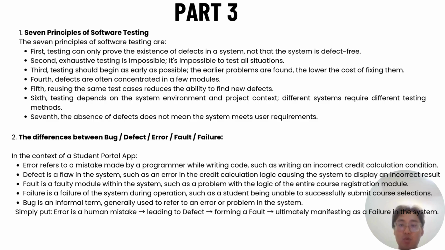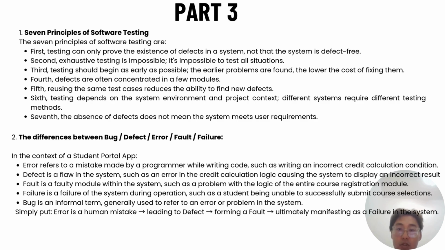Part 3, the 7 principles of software testing. The 7 principles are: first, testing can only show the presence of defects in a system. Second, exhaustive testing is basically impossible. Testing should be as early as possible.